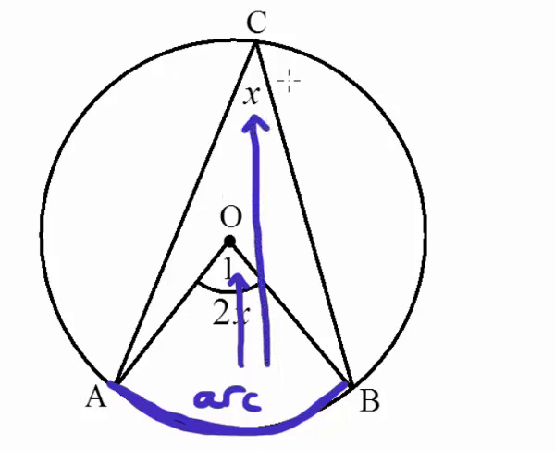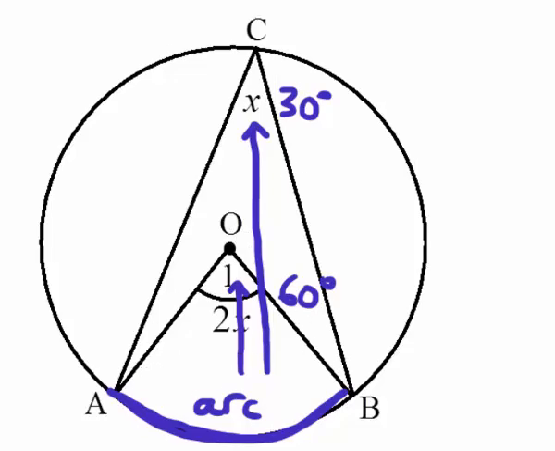And what we know is that the angle at the center is double the angle at the circumference of the circle. So if x was 30 degrees, then obviously O1 would be double that, which is 60. Remember, angle at center is twice angle at the circle.